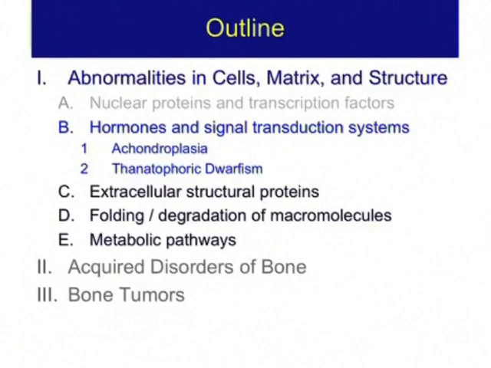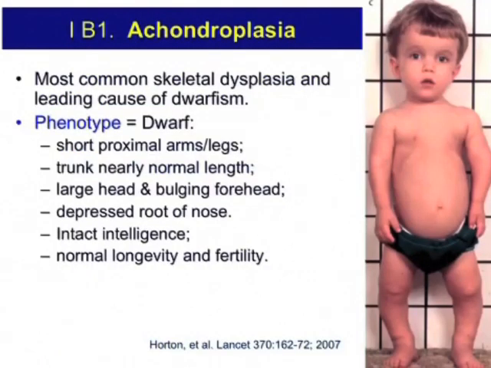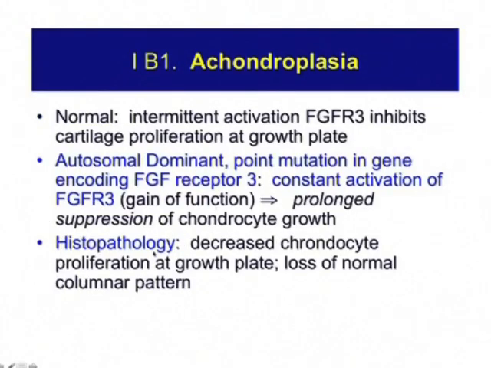So let's contrast that now with a problem that affects the signal transduction pathway of bone. So achondroplasia tends to be the most common skeletal dysplasia, and it's the number one cause of dwarfism. So before we look at the clinical, we're going to go into the mechanisms here, and we'll come back.